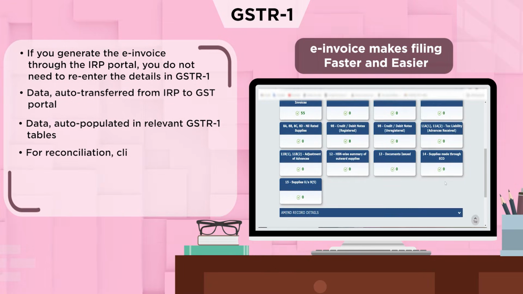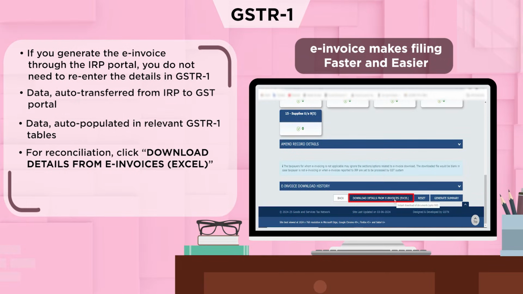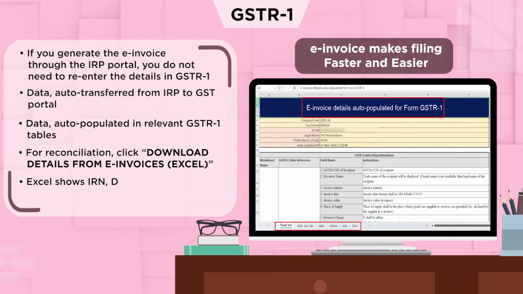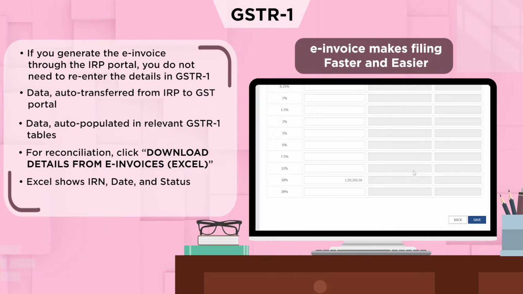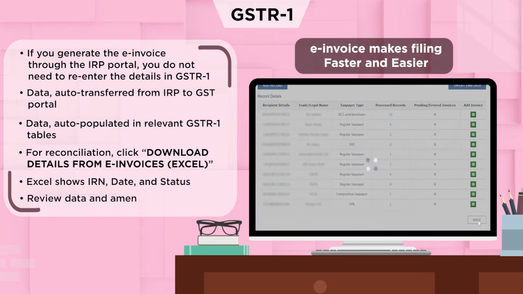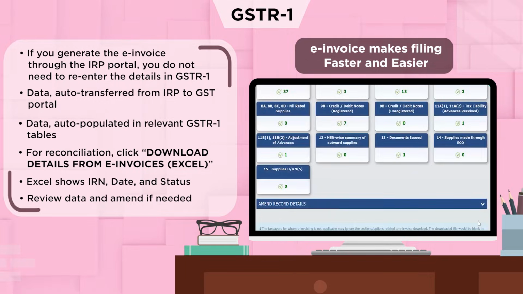If there is a need for reconciliation of the transmitted details, click on the Download Details from E-invoices Excel option. An Excel file will be generated containing the invoice reference number, IRN generation date and its status. Review the auto-populated data for accuracy and make any necessary amendments if required in the Form GSTR-1 on the GST portal.